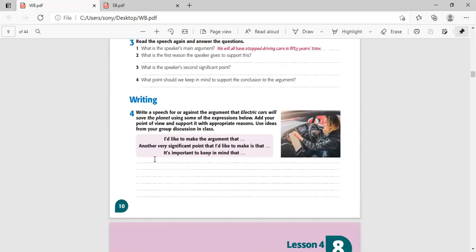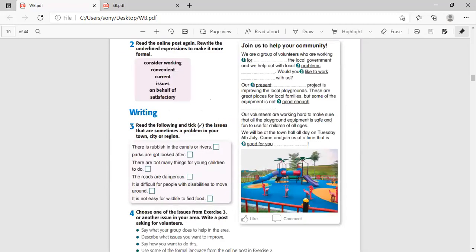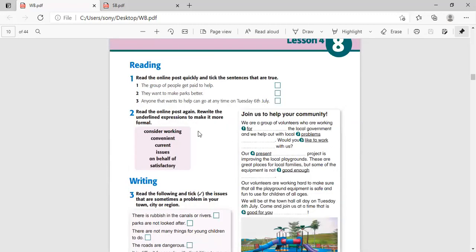Coming to the grammar part of this unit, even before going to the grammar, let's look at these words here: considering, working, convenient, current, issue, on behalf of, satisfactory. These words will be used in this text, and these words also have their own name. These are phrases that are used.